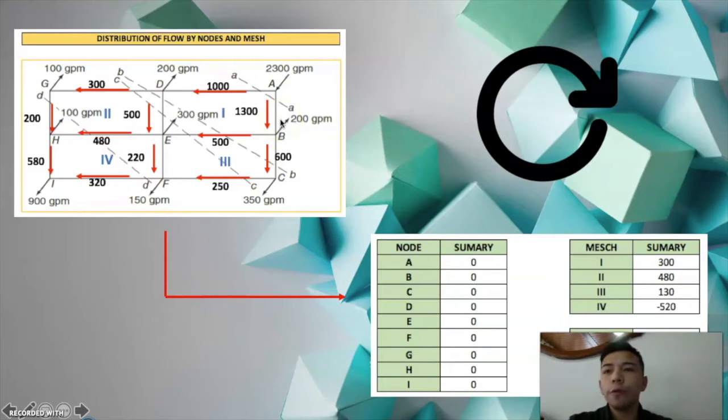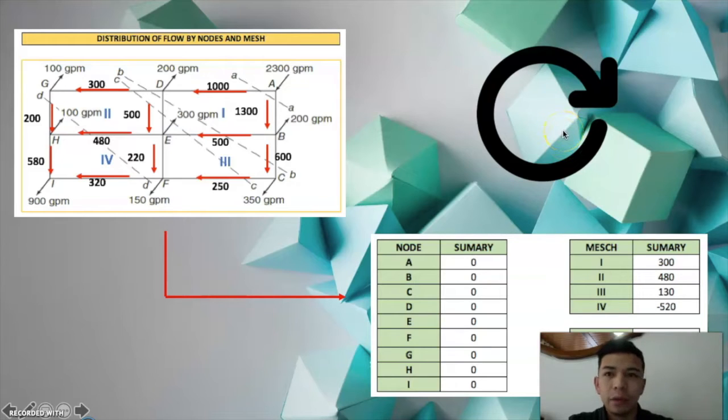Okay, we enter the analysis of meshes, which corresponds to meshes 1, 2, 3, 4, each composed of sections, to identify with arrows that govern the clock rule for such distribution.